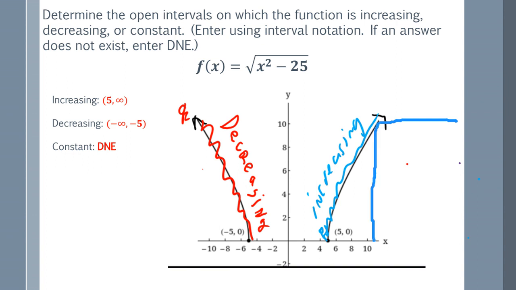For the constant answer, I would put a bracket, from 11, the x value where it starts being flat. Since they didn't put an arrow, I know that this graph is going forever to the right, so it would be to positive infinity. Okay. So this is evaluating functions and determining the intervals in which a graph is increasing, decreasing, or constant.